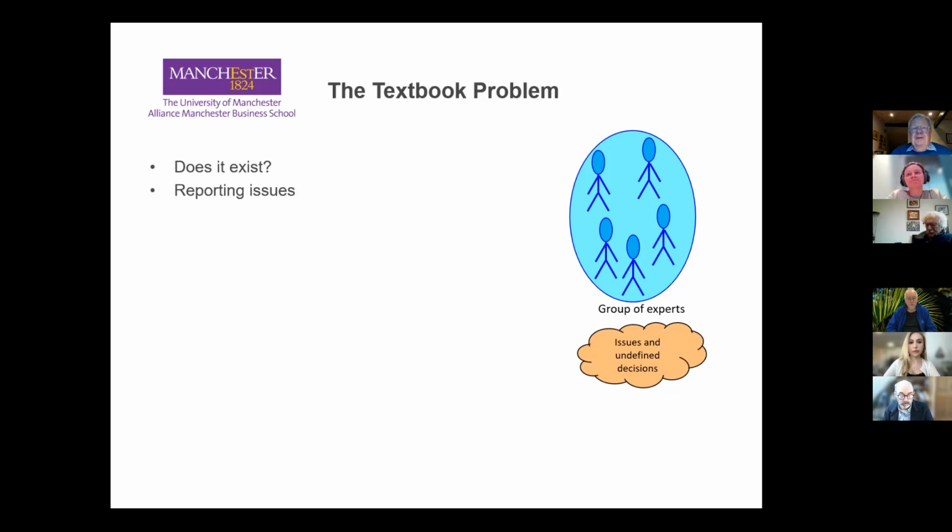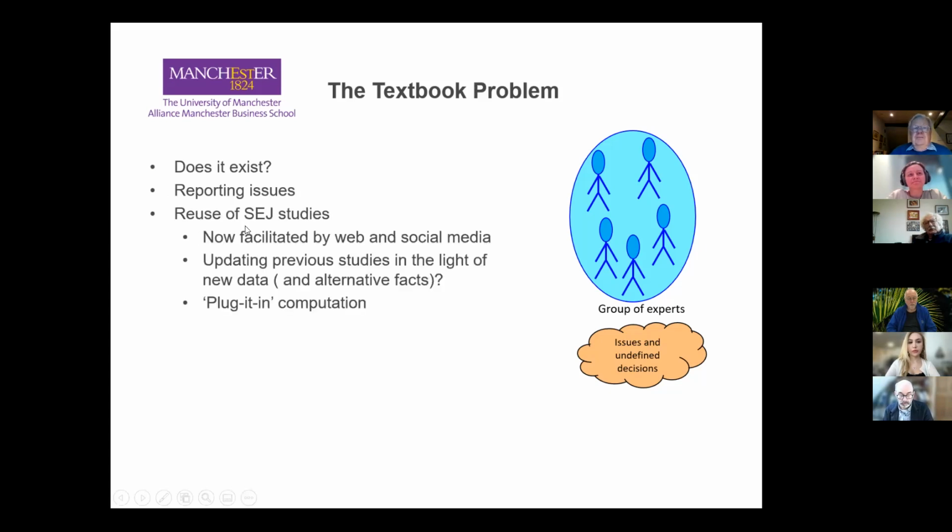But then it starts to come up, because nowadays we have a lot of SEJ studies out there, and there's a possibility of reusing those, which brings up questions about how do we report them so they can be reused. The web, social media is really facilitating the reuse of those studies.